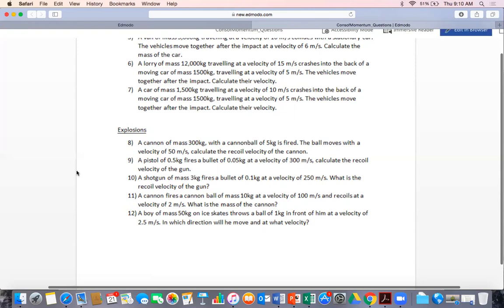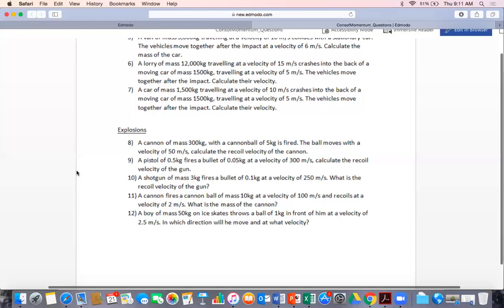Okay, I have a cannon of mass 300 kg with a cannonball of 5 kg. So the cannon itself is 300 kg, the cannonball is 5 kg, and it is fired.